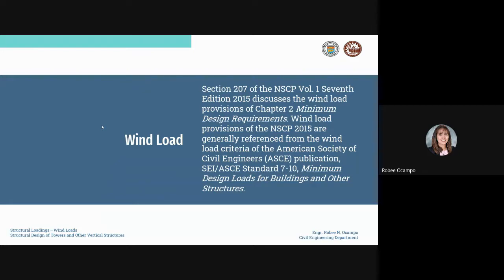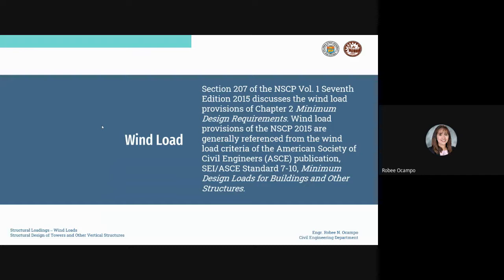Generally, the revisions or updates in the new ASCE will be on the provisions of wind load and of course the earthquake. Sa earthquake naman, the NSCP 2015 is using provisions from the UBC 1997, or the Uniform Building Code of 1997, but they're going to be referring to the ASCE for the computation of the earthquake.